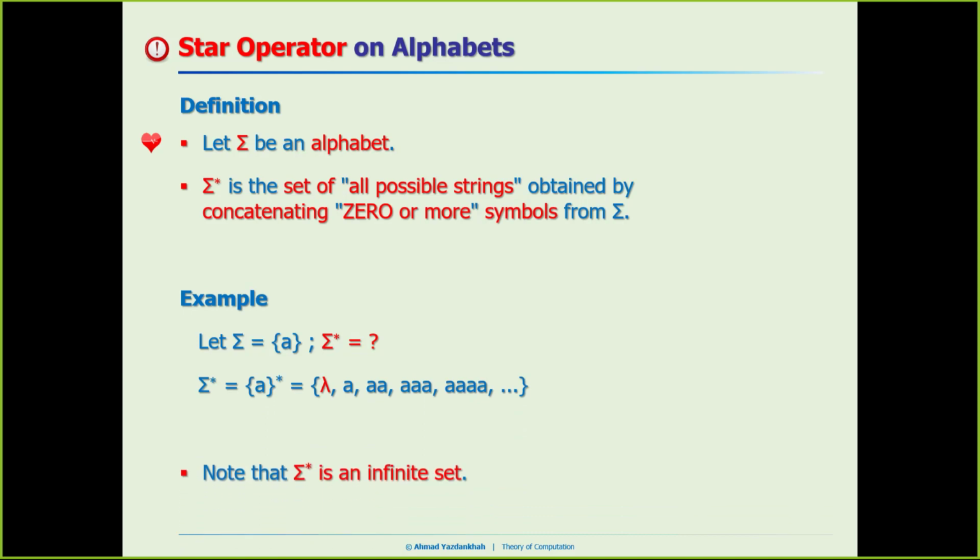Let me take another interesting example. This time we will have our celebrity alphabet: A, comma, B. Now the question is, what is sigma star? Recall the definition of sigma star: all possible strings that we can make by concatenating zero or more of these symbols.